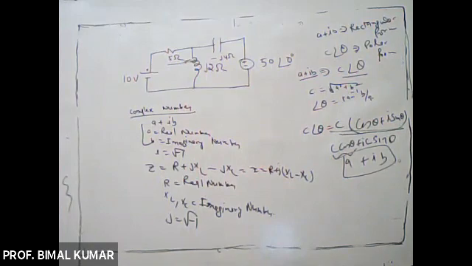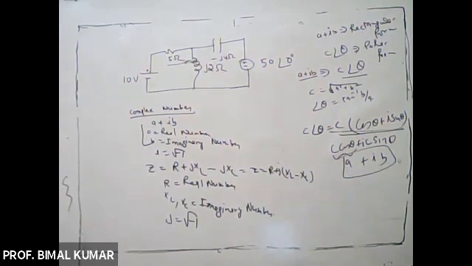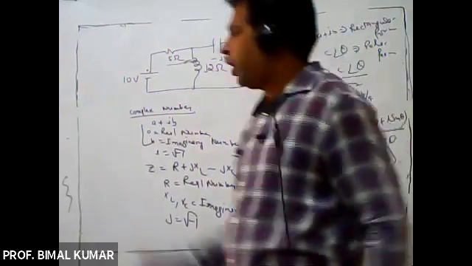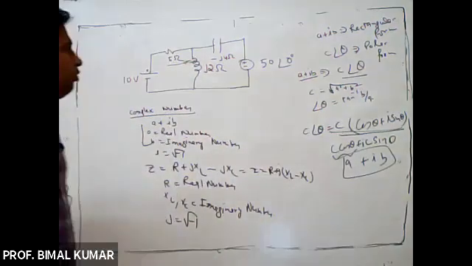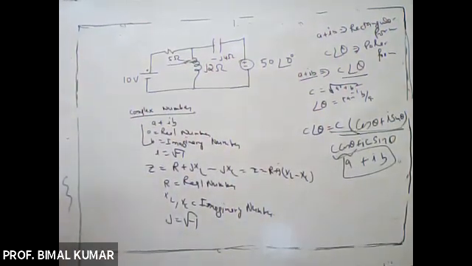So in this manner, you may convert polar into rectangular. If we want to add two numbers, they must be in rectangular form only. And if we want to subtract, they must be in rectangular form.